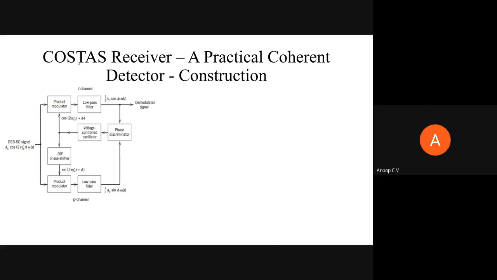Hima, did you watch yesterday's video? Yes, sir. So what was the issue with the coherent detector? It had something to do with phase synchronism. The coherent detector had a local oscillator which generates a carrier locally, with the same carrier frequency.